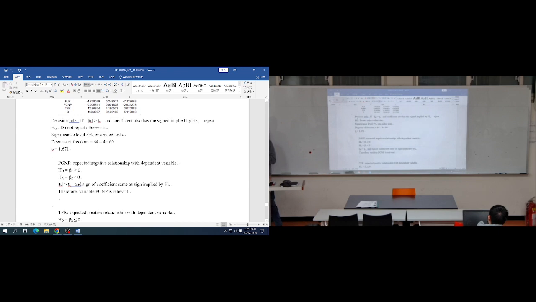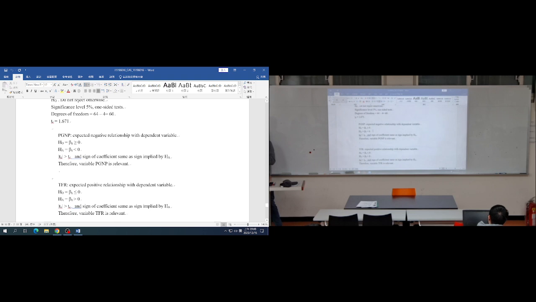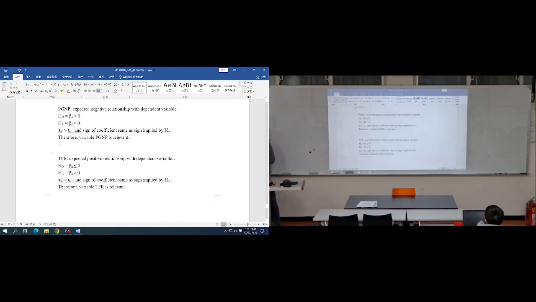So here are our degrees of freedom and the critical value. I took a 5% significance level, and we're going to do a one-sided test. Here are the null hypotheses for PGNP, and the alternative hypothesis is getting a negative coefficient, because we expect a negative relationship with the dependent variable.